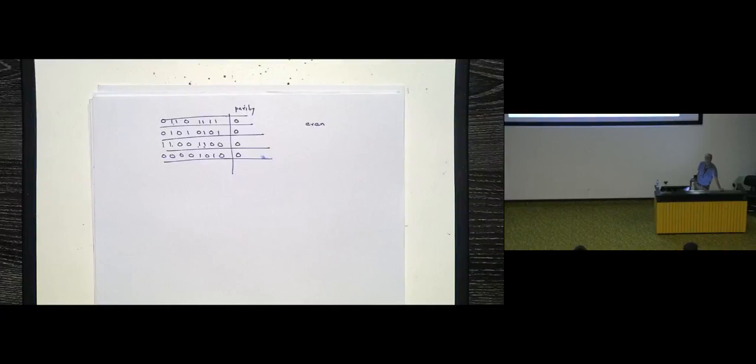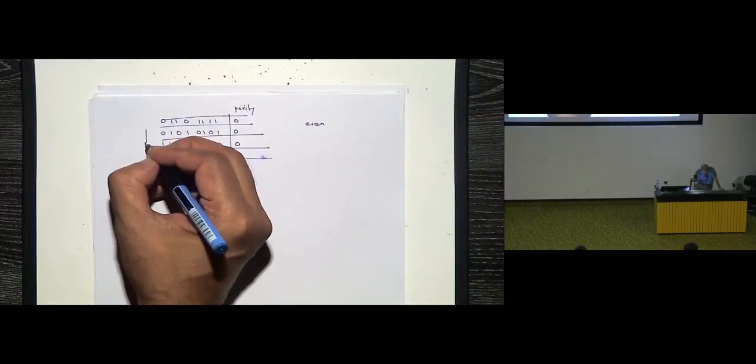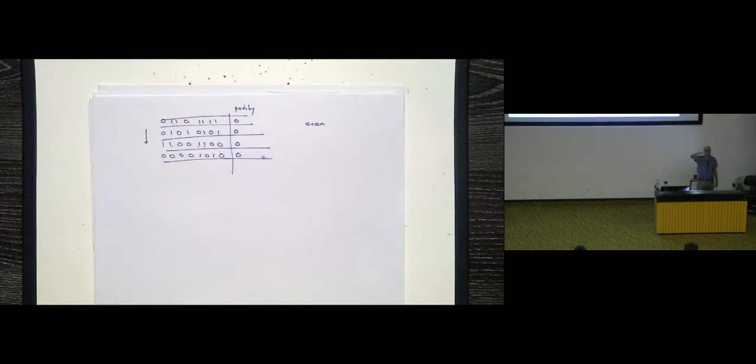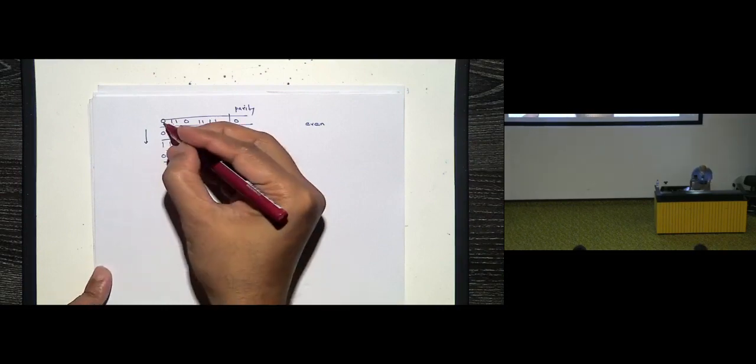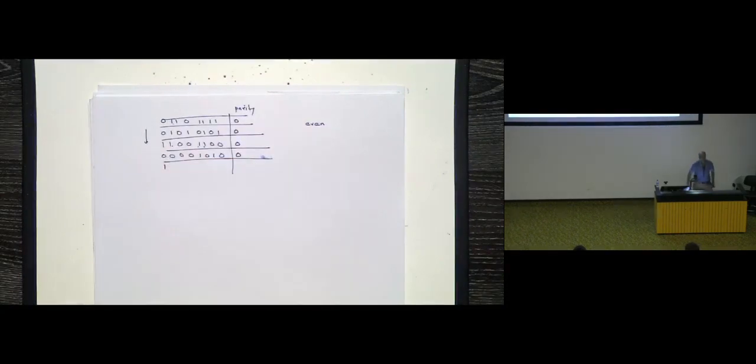But now, since I want to correct errors, I will also add parity for every column. Just like I was adding a parity bit for every row, I'm going to add a parity bit for every column. So let me add those parity bits here. If I look at the first column, there's only a single 1. So I need to add 1 more, so the number of ones is 2, an even number.